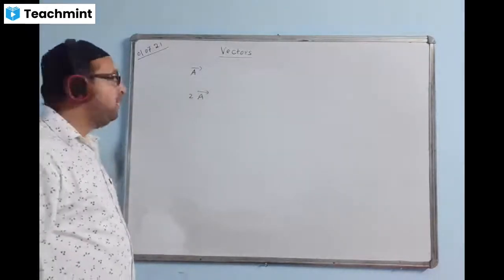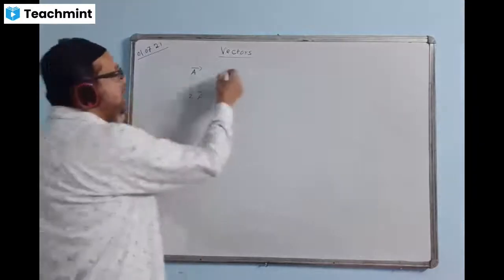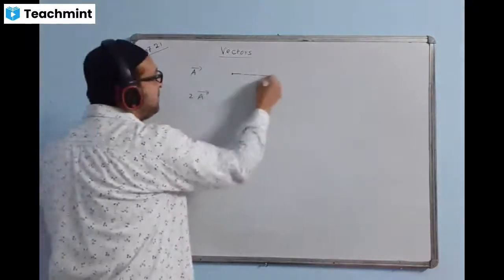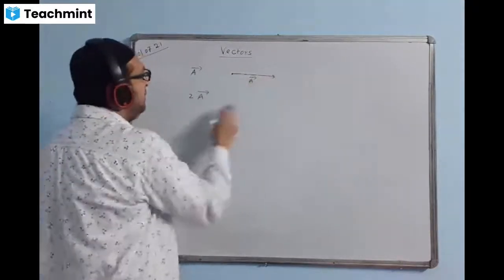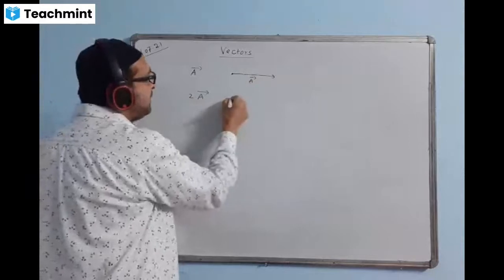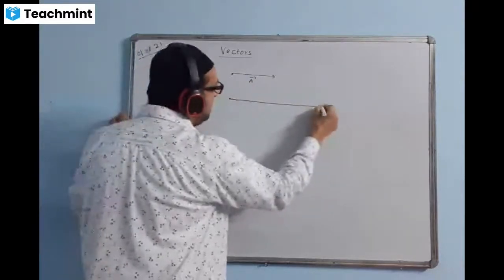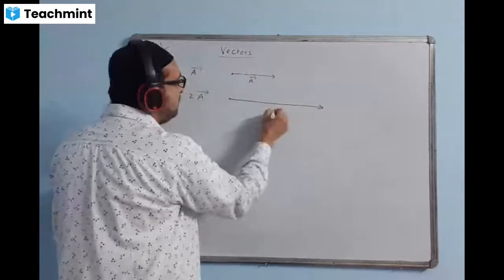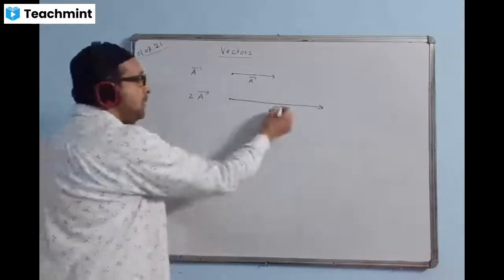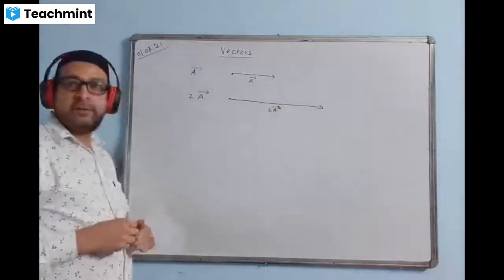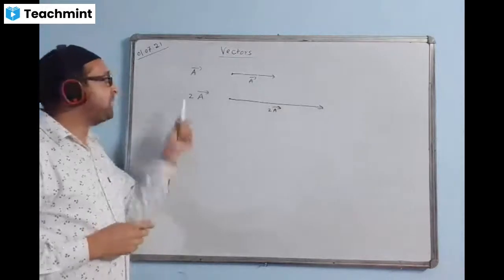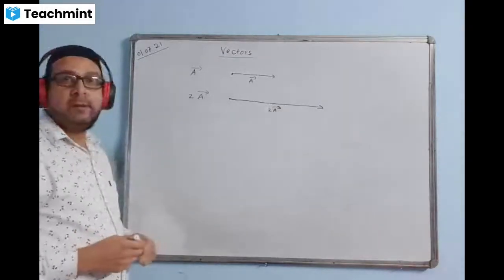That's 2A. If A is this much in this direction, 2A will be exactly double the size. The direction will be the same, but the size will be double. This will become 2A. Direction will not change. Only the size will get doubled.